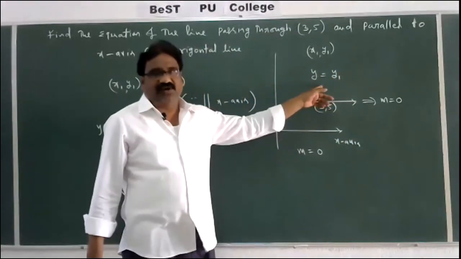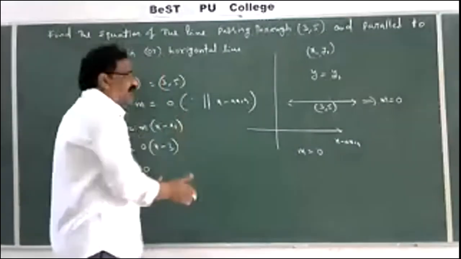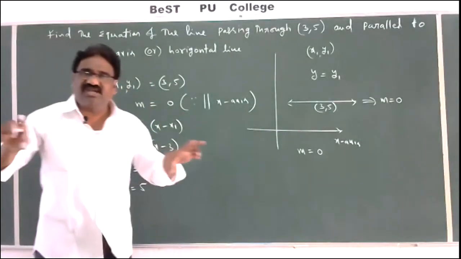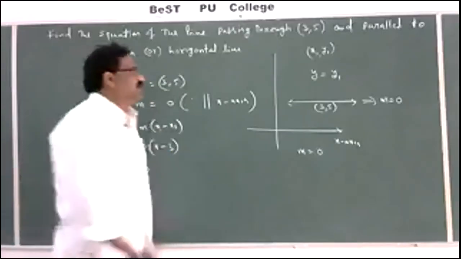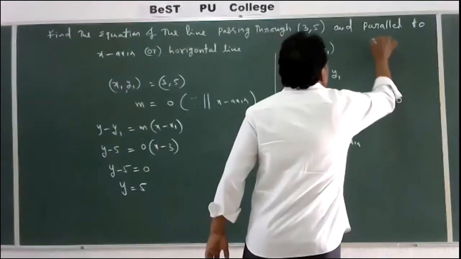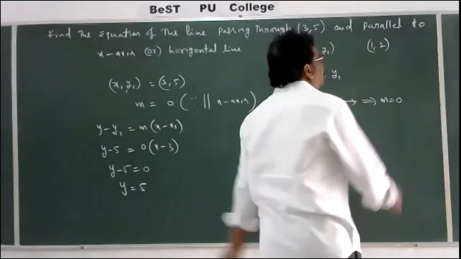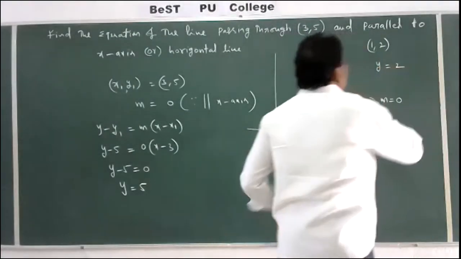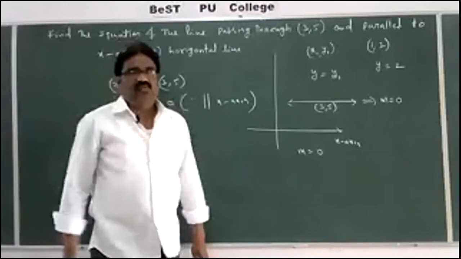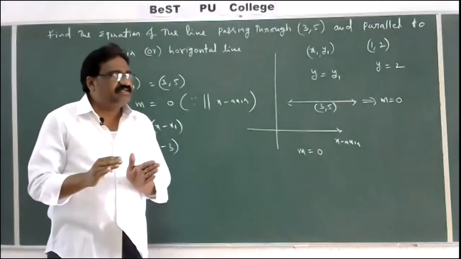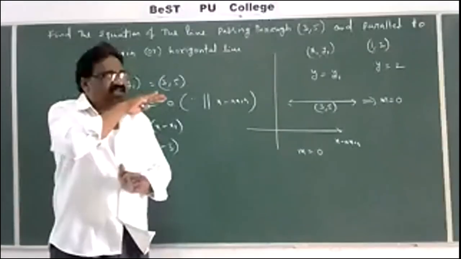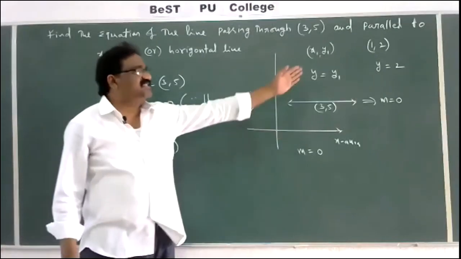This is the general form. So without using the formula, you can directly write that the equation of the line parallel to the x-axis passing through (1, 2) is y is equal to 2. That's enough. Y equal to a constant means the line is parallel to the x-axis.